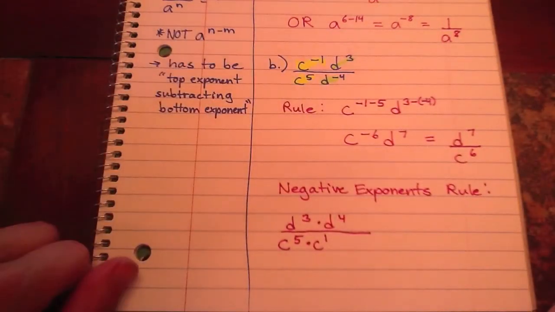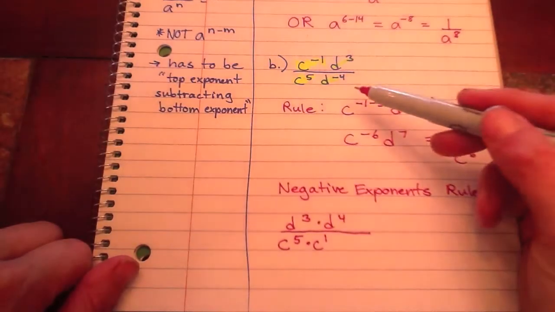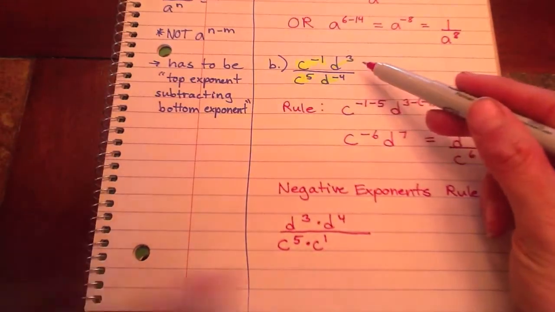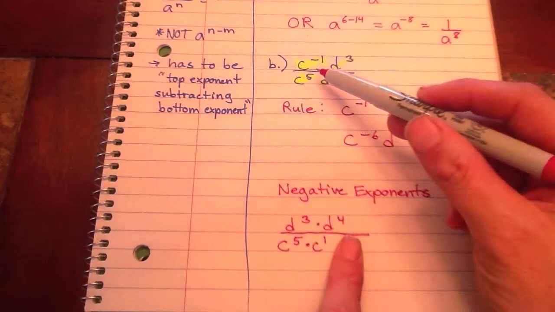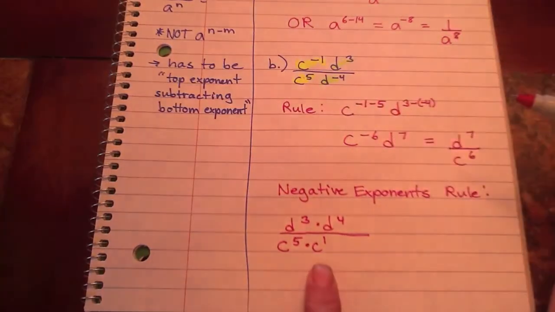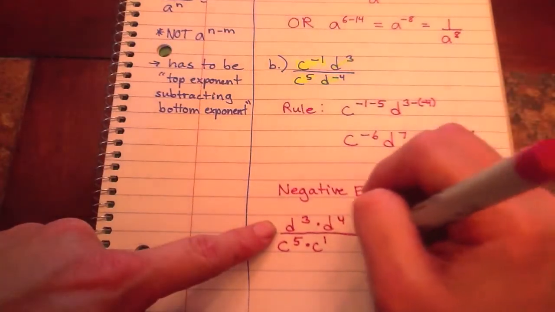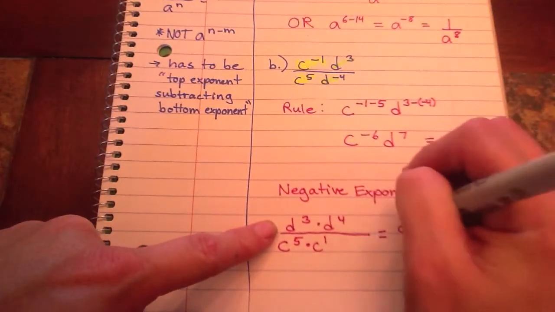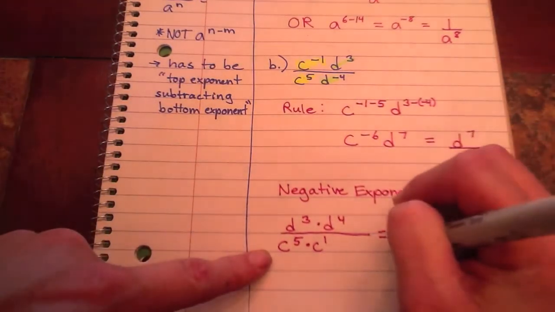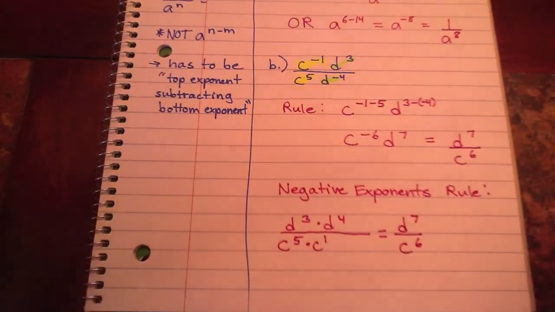So everyone see how that worked? So this d to the fourth, negative 4 moved up and became positive. C to the negative 1 moved down and became positive. Now I have like bases that I can combine. So I have a total of 7 d's and a total of 6 c's.